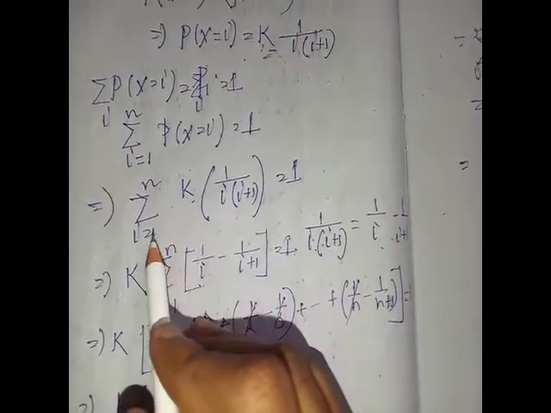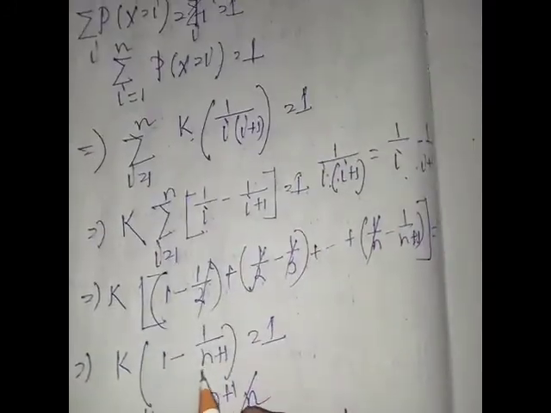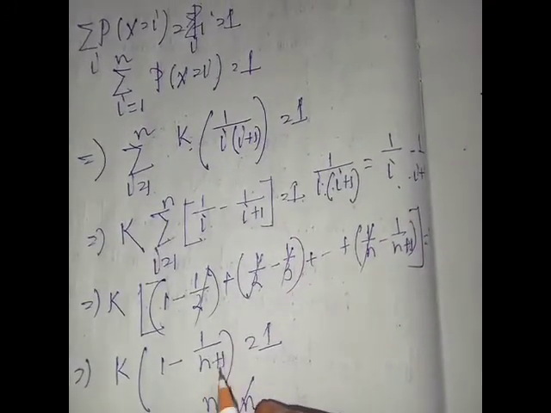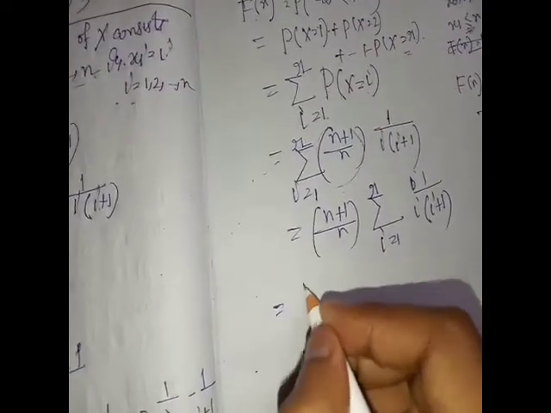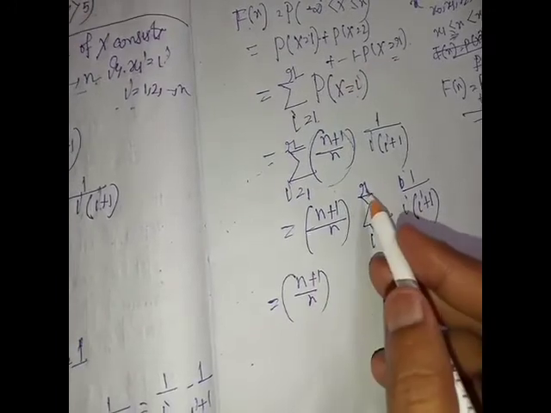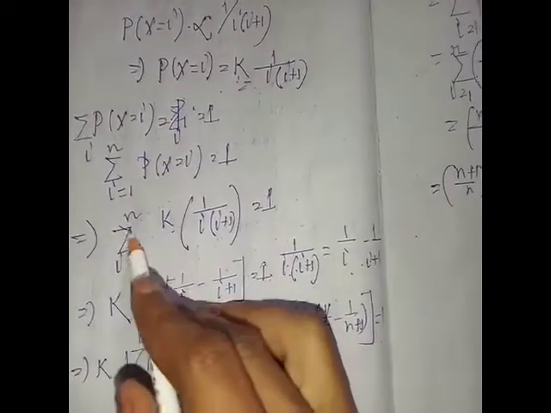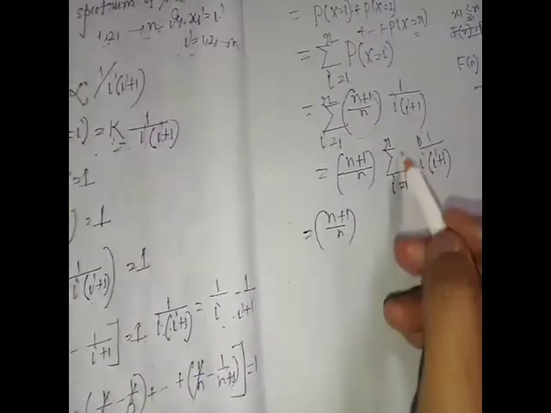Since the summation of 1/(i(i+1)) for i equal to 1 to n is 1 minus 1/(n+1), similarly here n is r.